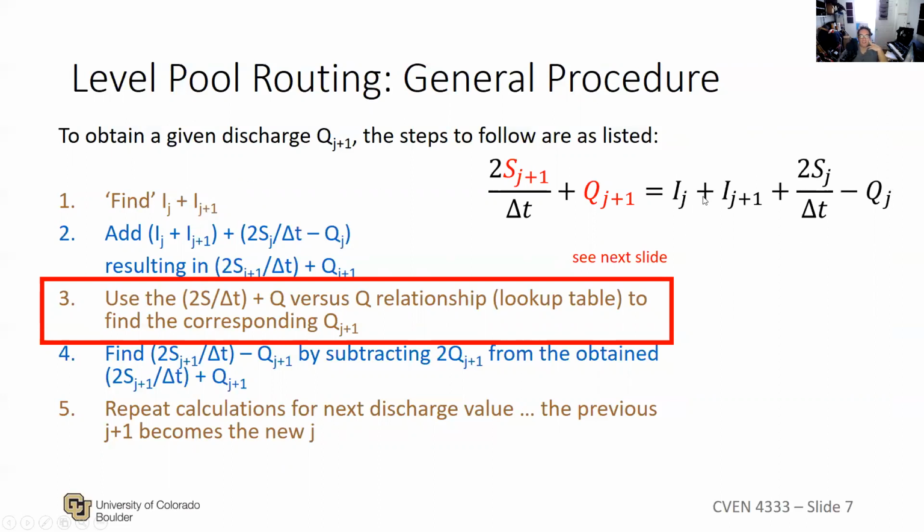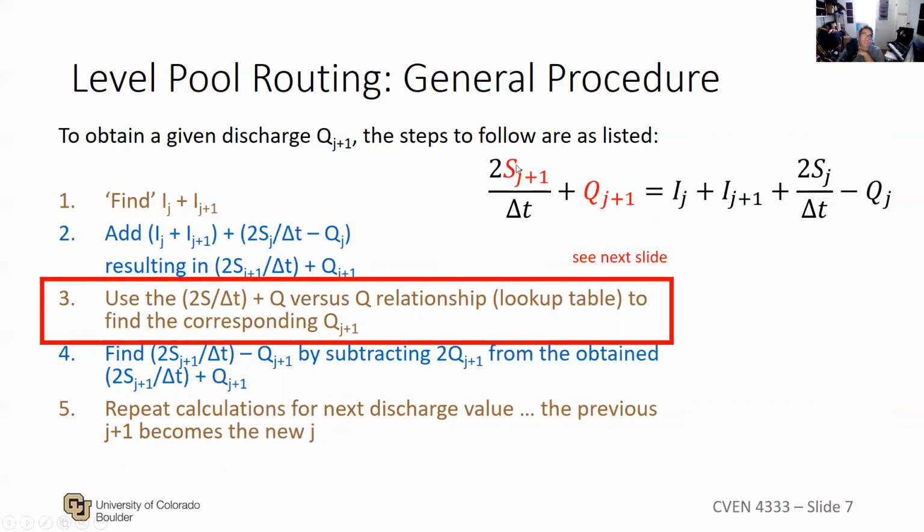So the first thing is just to do the first part of this equation. The second one is to take that and add 2S_j over delta t minus Q_j, which is here. And then that's going to give you this: 2S_j+1 over delta t plus Q_j+1. Okay. Now, you are not done here, because you don't know what percentage of this is associated with the storage and what percentage of this is associated with the outflow, okay?